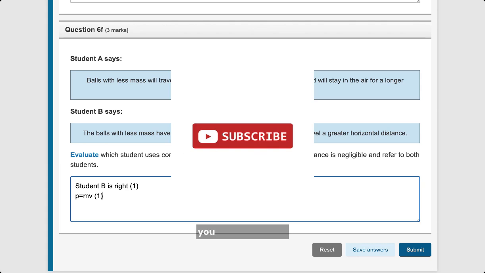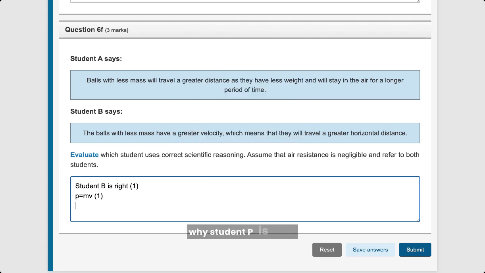And for the third mark you have to explain why student A is wrong, because as per our discussion the time period will be the same. That's how you're going to get the marks for the third mark, right?